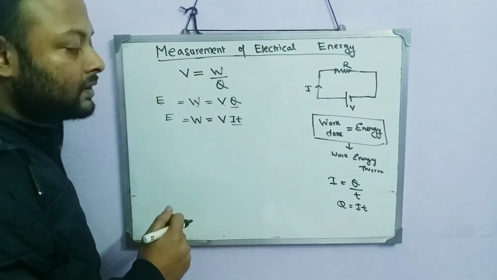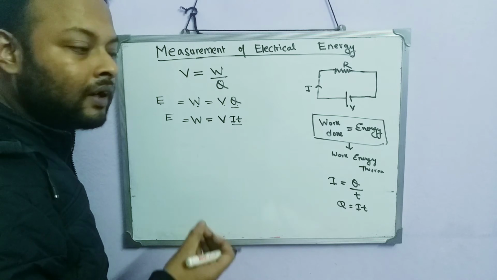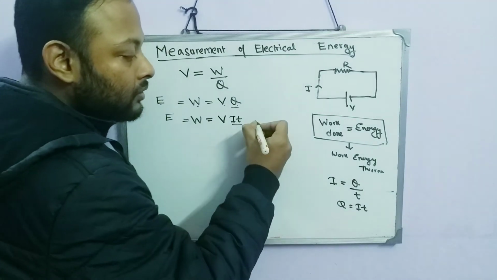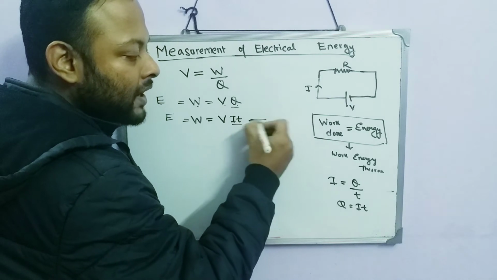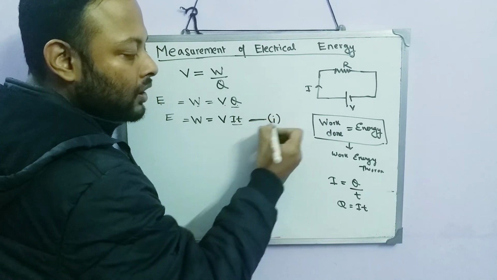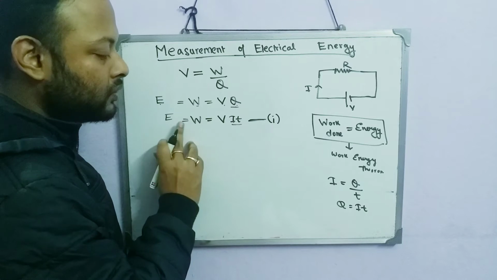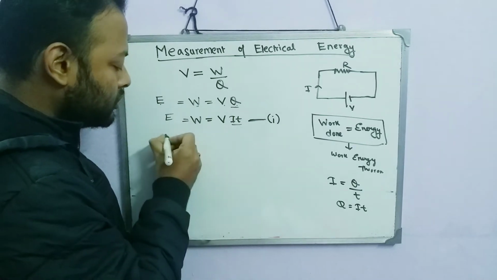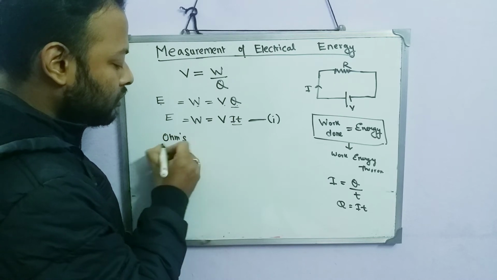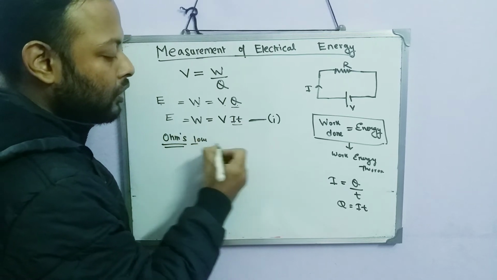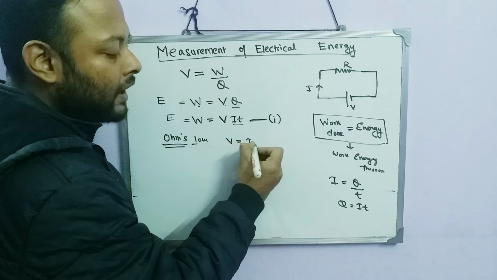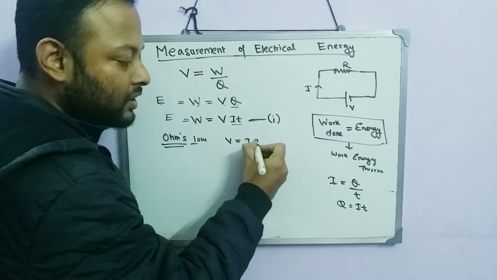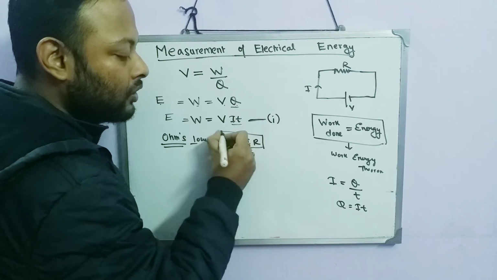After this, we will derive it a little more using Ohm's law. Let's make this your main equation number 1: work done, which is also equal to energy, is equal to VIT. Now according to Ohm's law, we know that V is equal to IR.